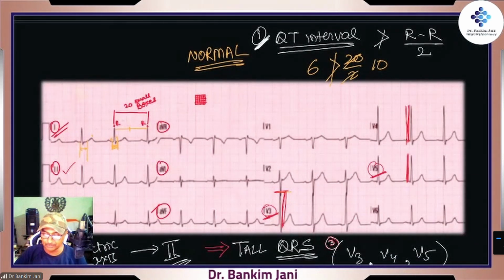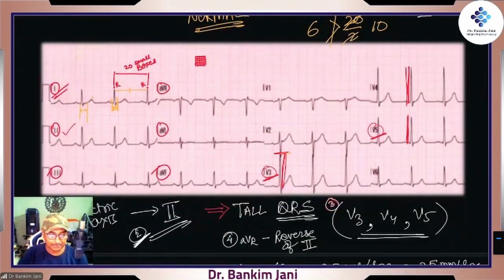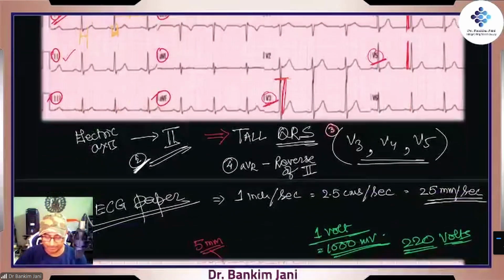Then we got into the business of calculating heart rate. Before that, we said that the first thing is the QT interval. The QT interval should not be more than half of the RR interval, right? And that is what we calculated over here.